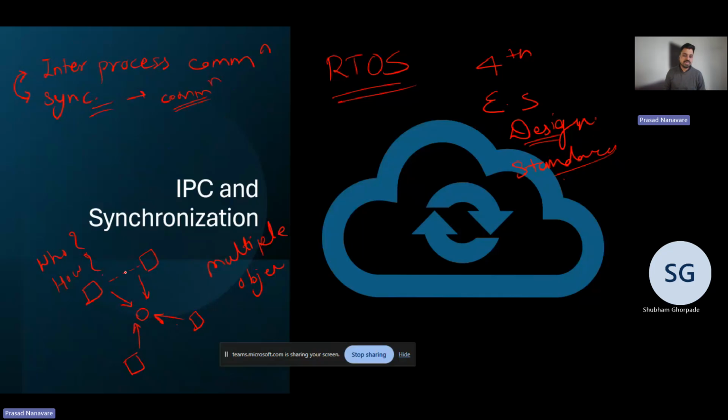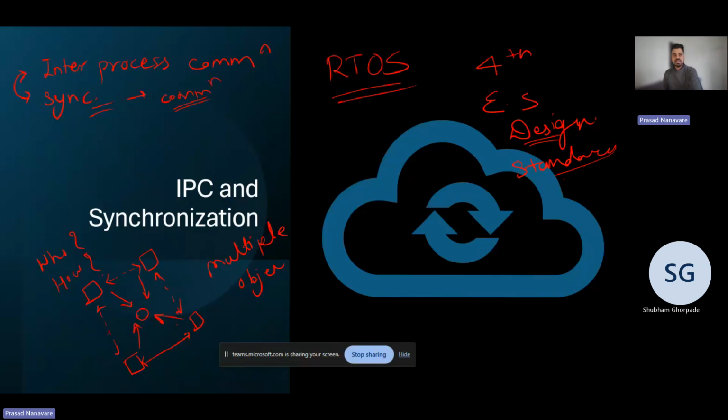And who makes it possible? Inter-process communication is what makes it possible for tasks to communicate with each other and decide what to do and how it is supposed to execute. This is IPC and this is synchronization.